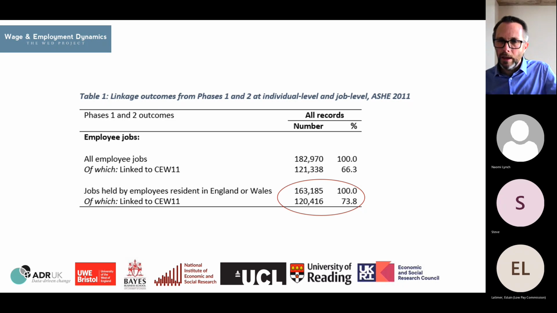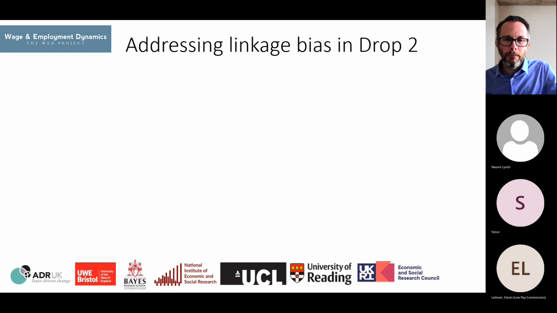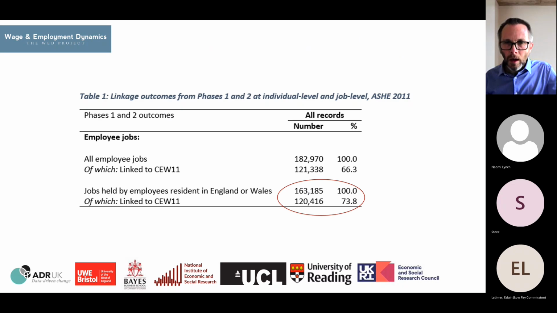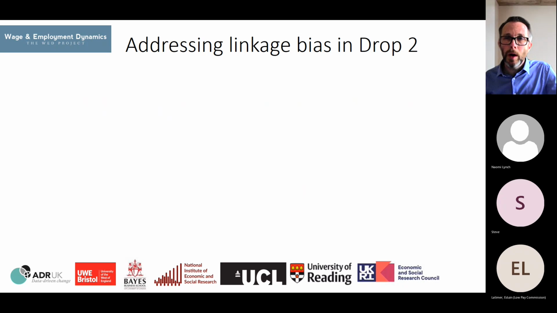So that gives us a linkage rate effectively of 74% of eligible records. Of course, we've got 43,000 people who look to be eligible for being linked to the census, but who haven't been. With a linkage rate of 74%, there is some potential for bias in the linkage here.